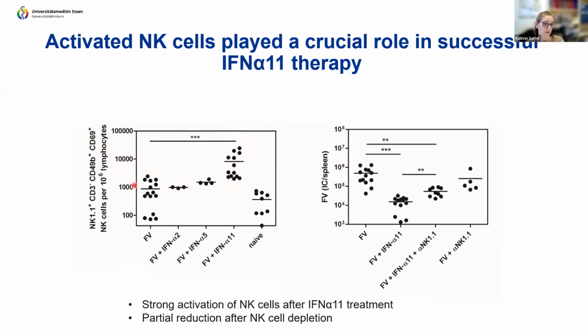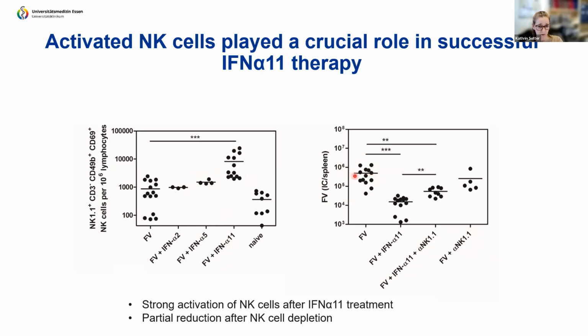And you see that Friend virus only moderately activates the NK cells compared here to the uninfected mice. But this was strongly enhanced when we treated the mice with interferon alpha 11, but not with 2 or 5. And when we then depleted these NK cells during the treatment, this is shown here.